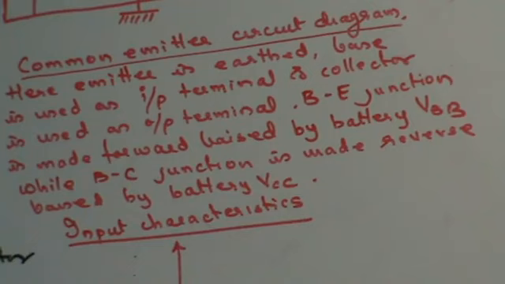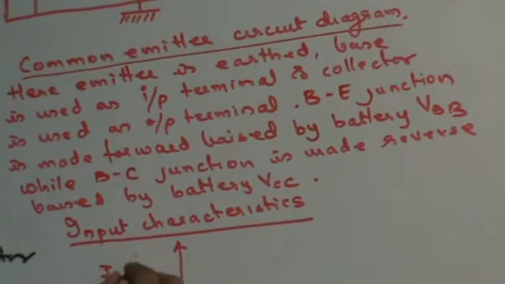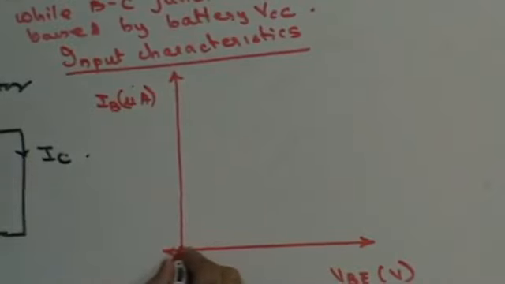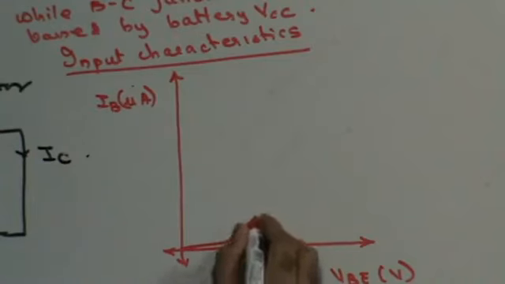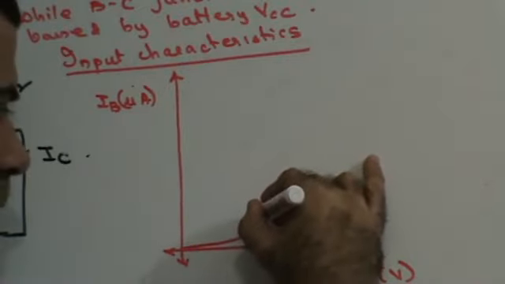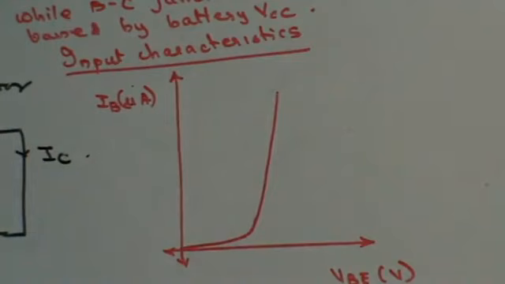This is my base emitter voltage in volts, and this is my base current in microamps. Initially, as the base emitter voltage increases, there would be a very small increase in the current, and once it is forward biased, once the potential barrier is overcome, then it will behave like a conductor.